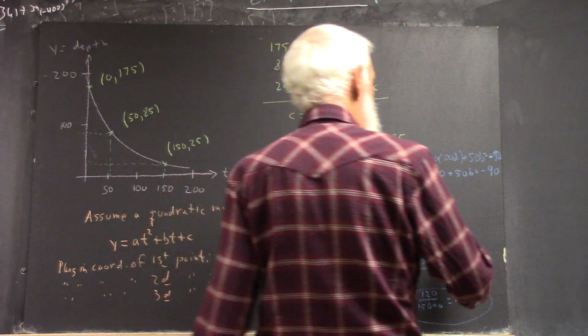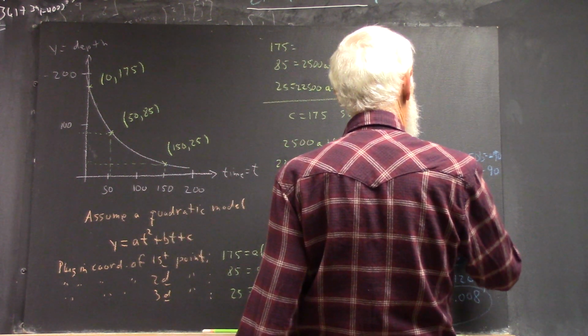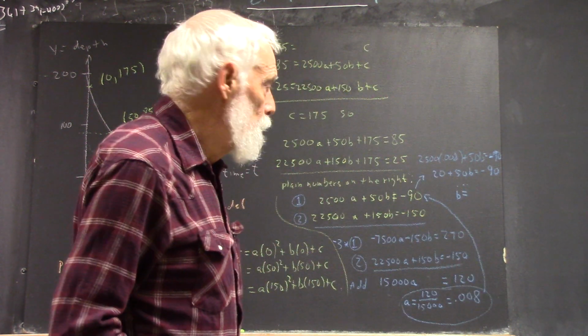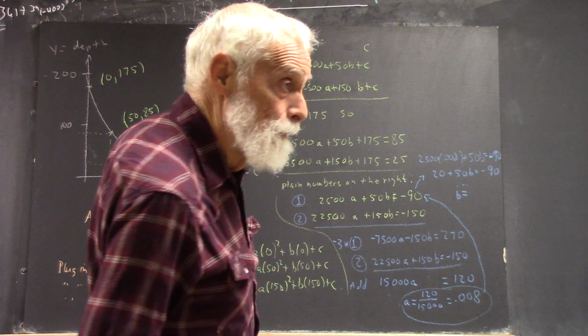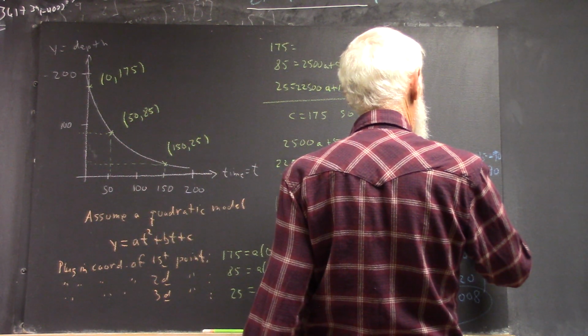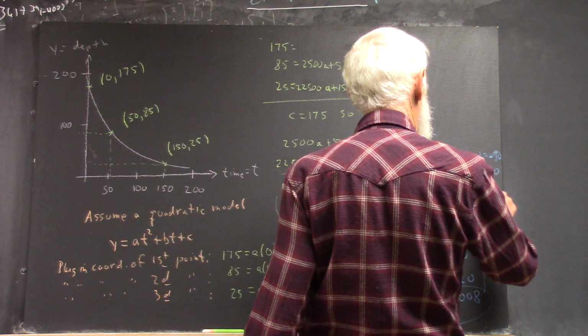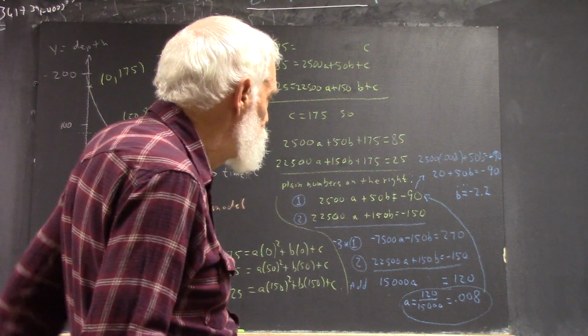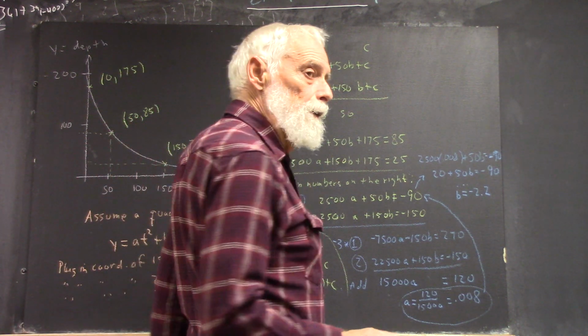Well, you can finish solving that easily, and you can solve your own equation. You're going to get your value of b. In my case, b is going to be negative 2.2. In your case, it'll be something different.